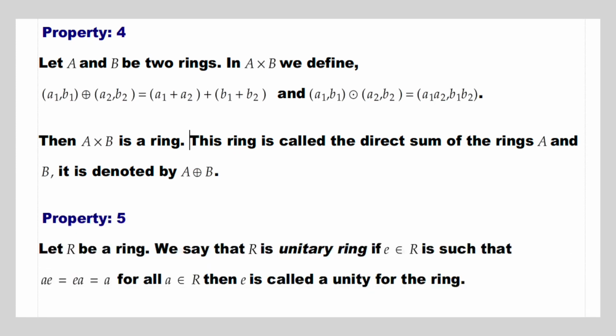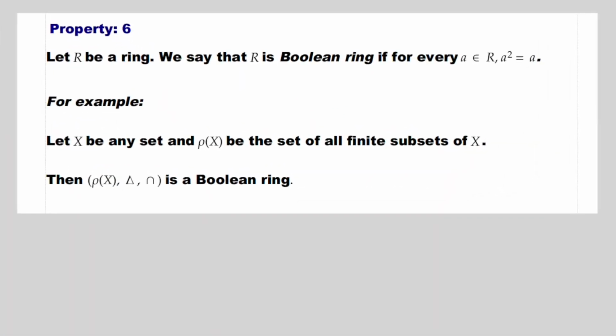Fifth property is, let R be a ring. We say that R is a unitary ring if e belongs to R is such that ae equal to ea equal to a for all a belongs to R, then e is called a unity for the ring. Sixth property is, let R be a ring.